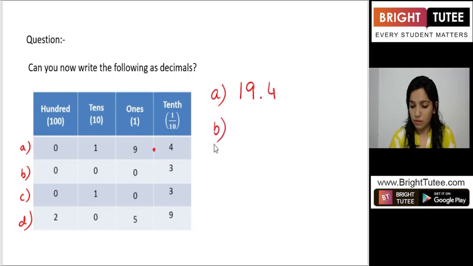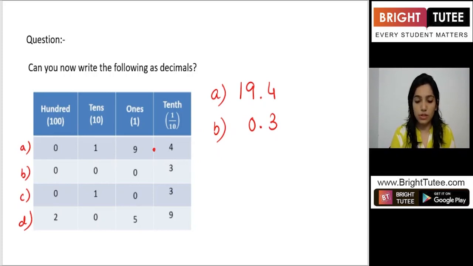Okay. Now the B part, the hundreds, tens and ones are all 0. We just have a 3 at the tenths. So the number is 0.3. Okay, so we are not writing 003. We are not writing it like this because it doesn't make sense. You can put as many zeros as you want, but that won't matter because they don't hold any value.